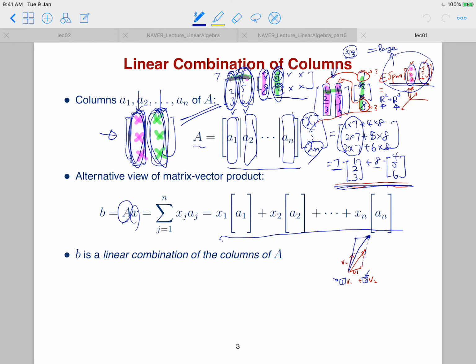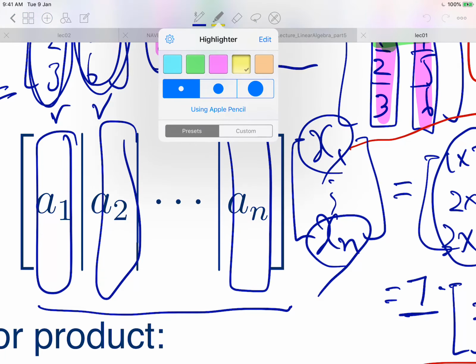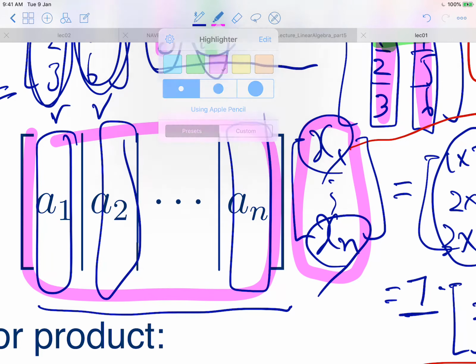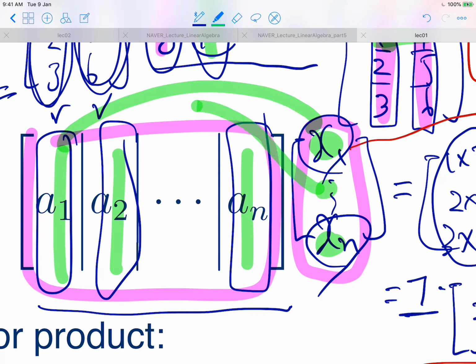And so the main point here is that there are 4 different perspectives, and probably the most important one is to view this matrix vector multiplication as a column combination, right? So if we have a matrix and a vector on the right as a product, we have column vectors, and then we have scalars which work as linear combination coefficients associated with these columns.